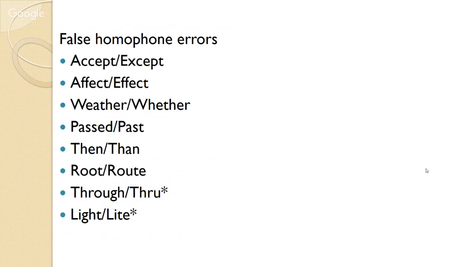Root and route, that confuses me. Those are pronounced completely differently. I don't know why people pronounce them in the same way. And again, through and thru, those second forms there that I've put the asterisk next to, those aren't real words, so don't use them unless you want to incur my wrath.